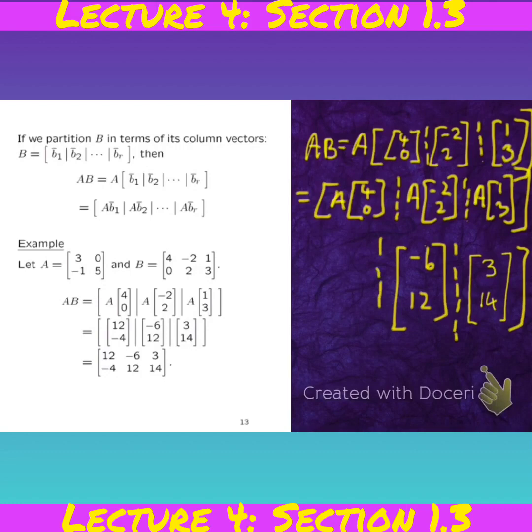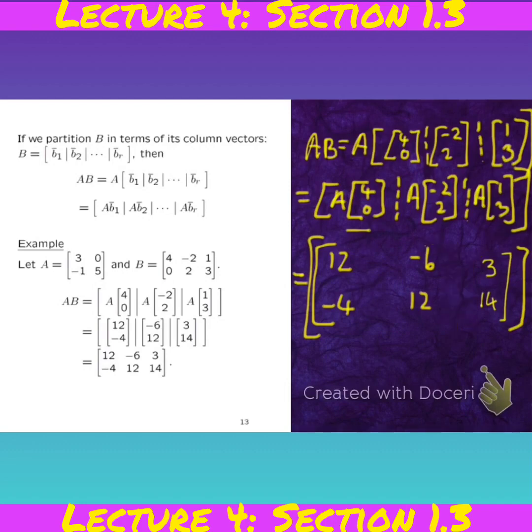And then A with 4, 0, you should get 12, minus 4. And so basically you can just delete the brackets, and you will get the product of your matrices.